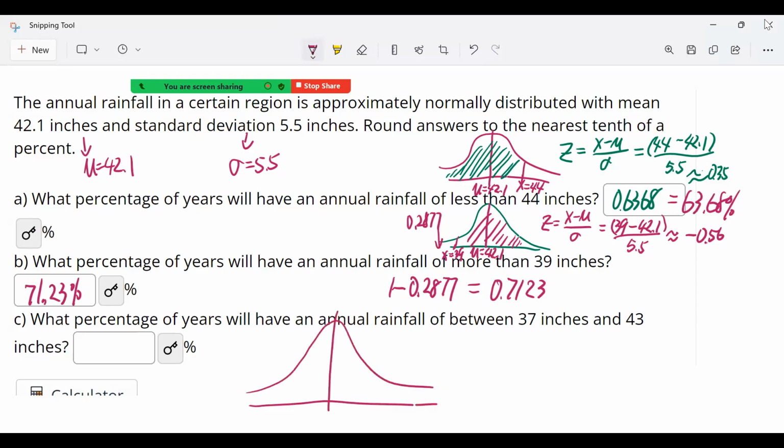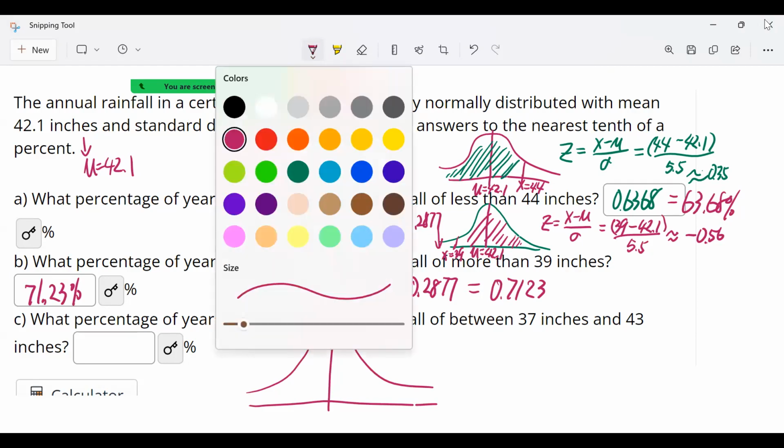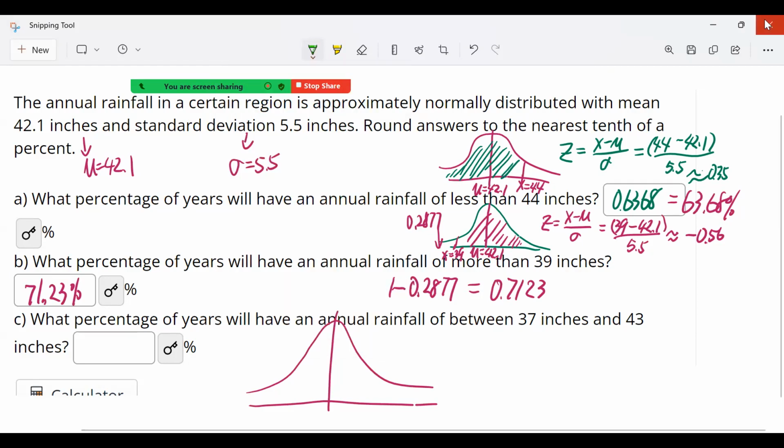Similarly, we're going to draw the bell curve. The mean is 42.1, the x on the left is 37, and the x on the right is 43.